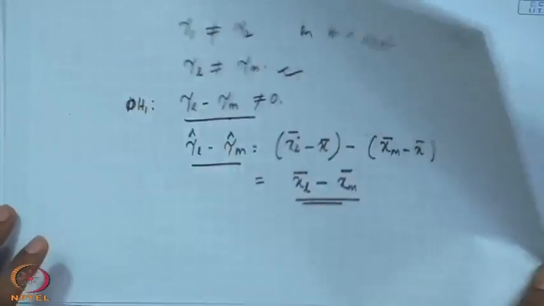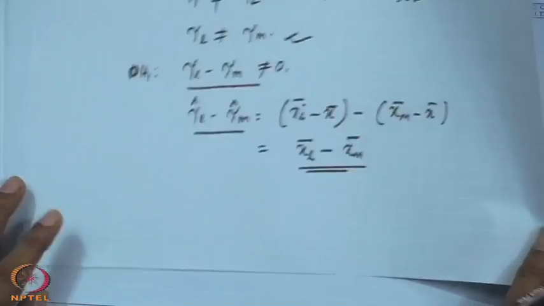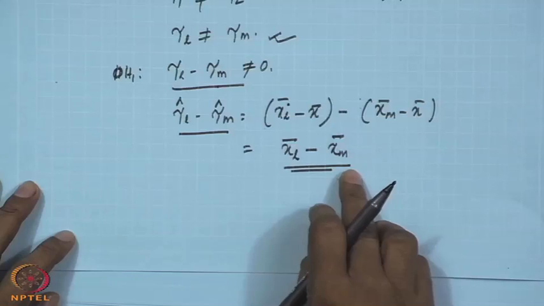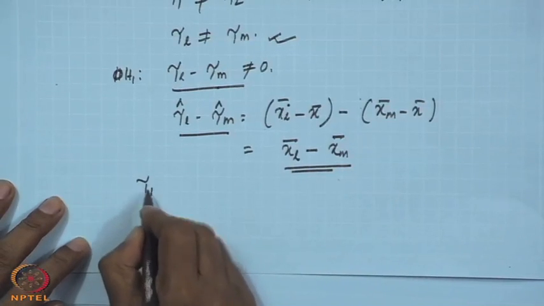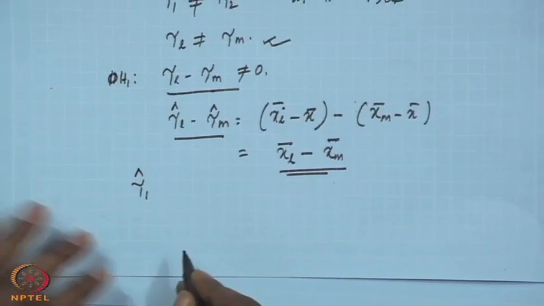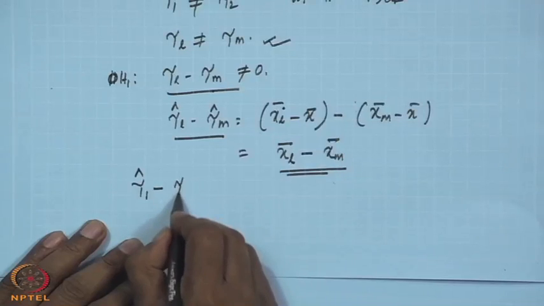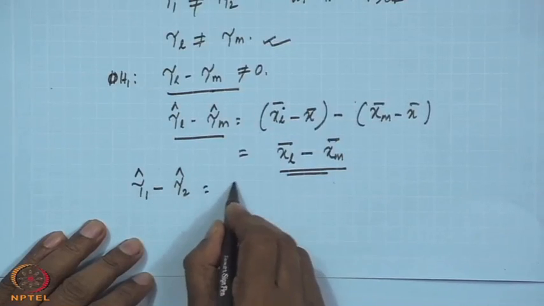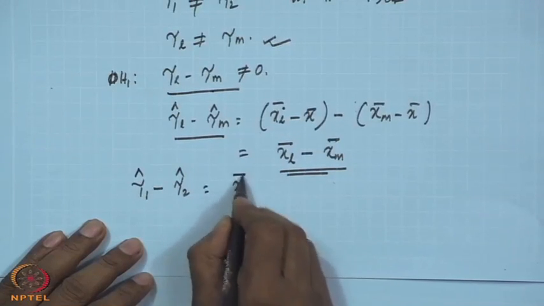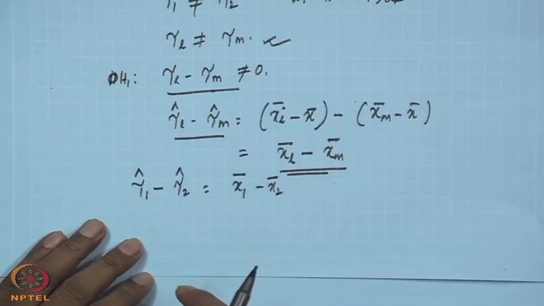So, you have already seen what is your x1 bar. Suppose I want to see the value tau 1 cap minus tau 2 cap, then it will be x1 bar minus x2 bar. Yes or no?